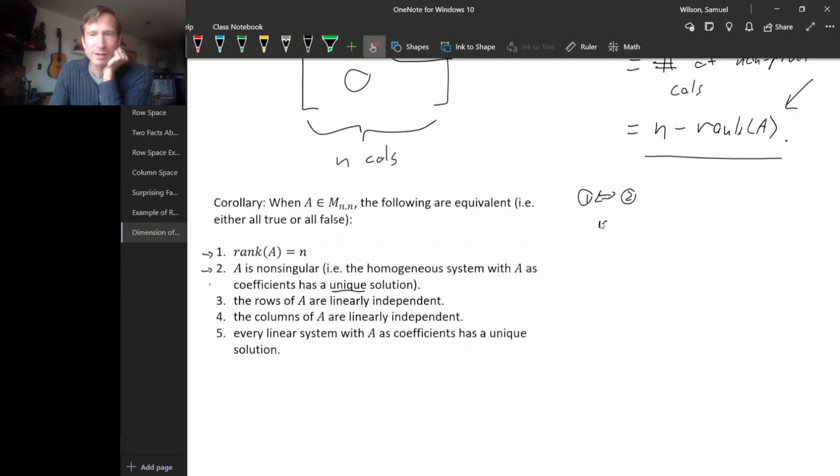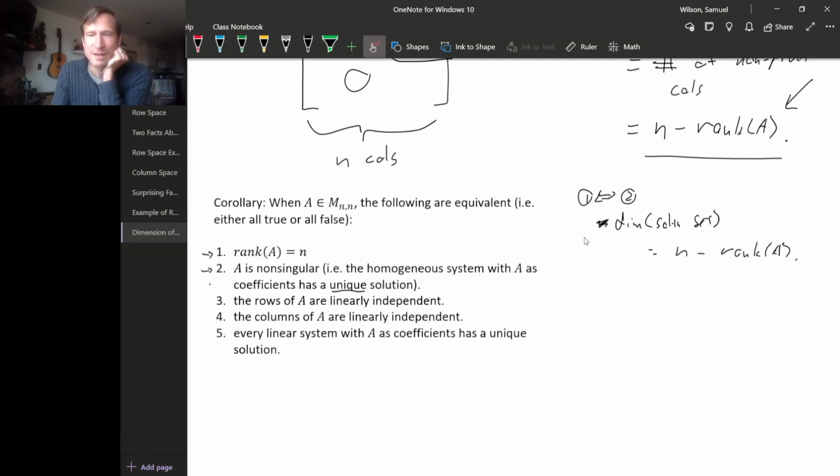So, let's look at the dimension of the solution set for the homogeneous system. Well, we know it's n minus rank of A. That's what we proved before.